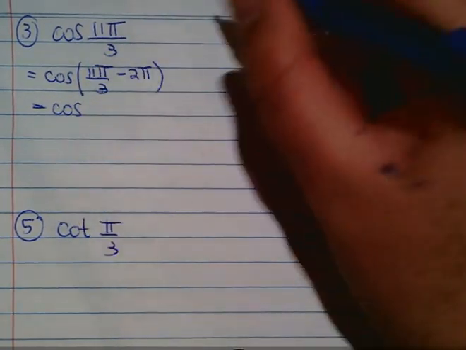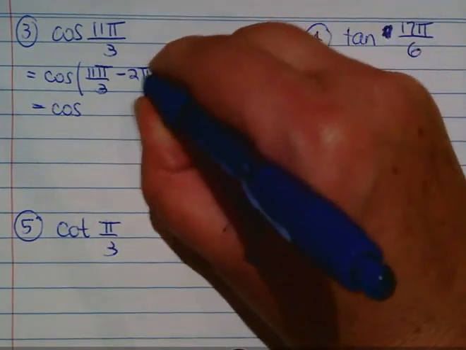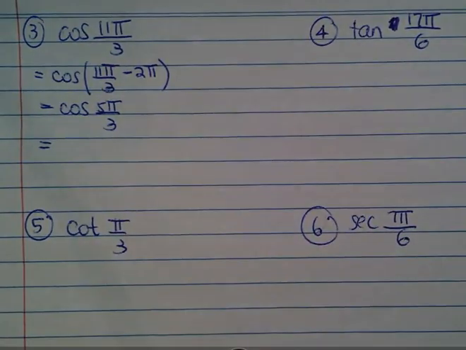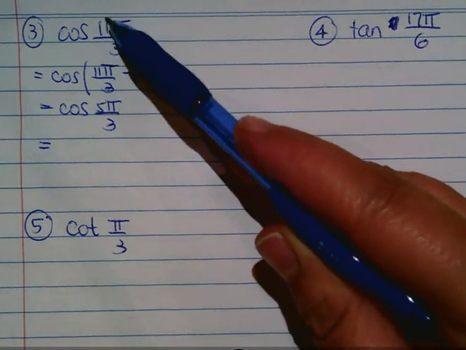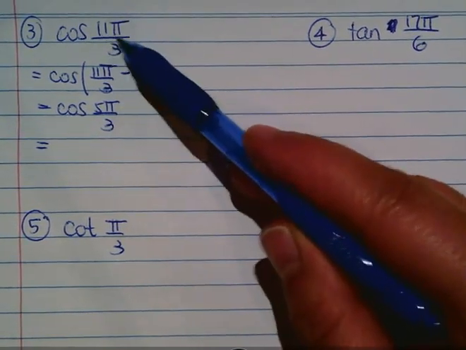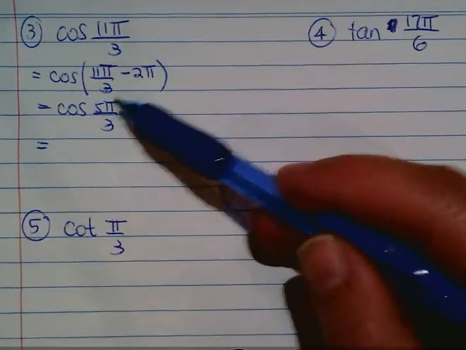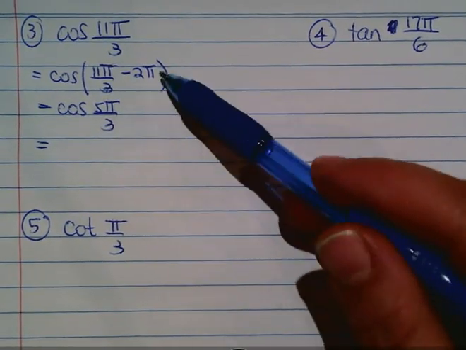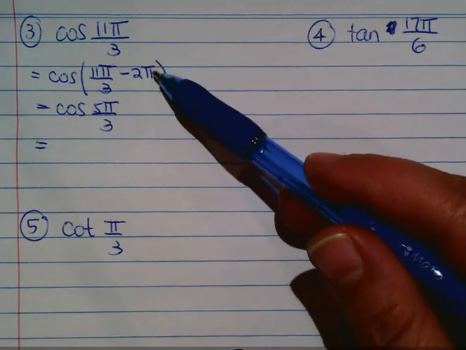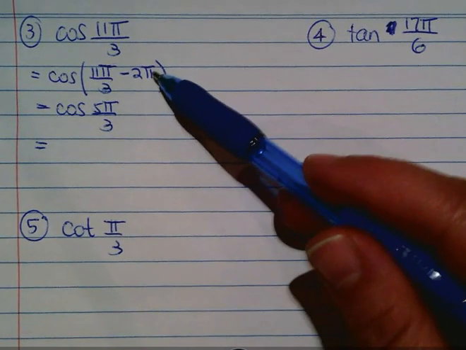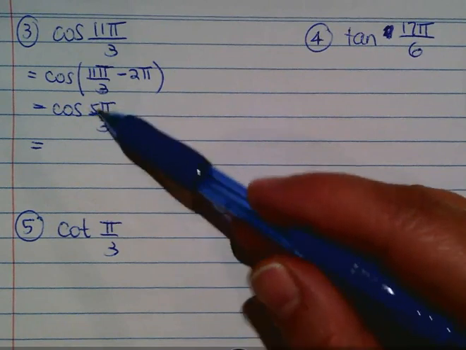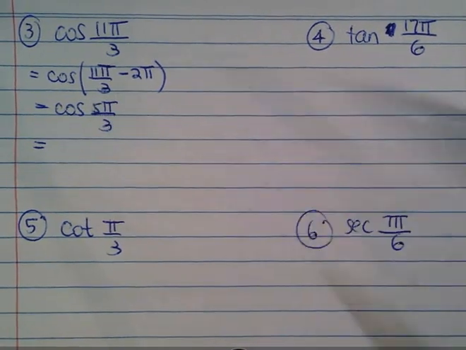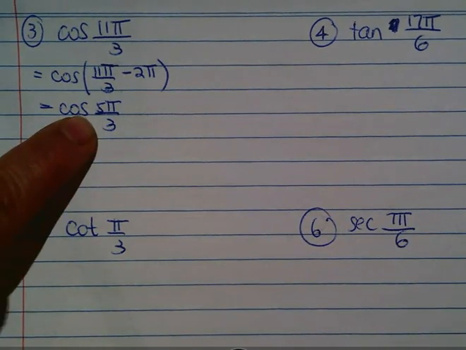So it's the same as the cos of 1 2/3 pi, which is 5 pi on 3. So before, if it was bigger than 360, you need to subtract 360 until it's between 0 and 360. So now we subtract 2 pi, because that is 360 degrees, until this angle radian measure is between 0 and 2 pi, and it is, because it's 1 2/3 pi.